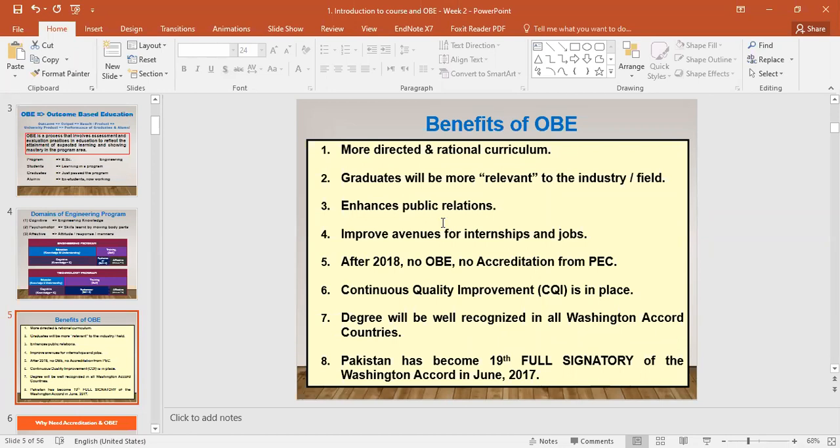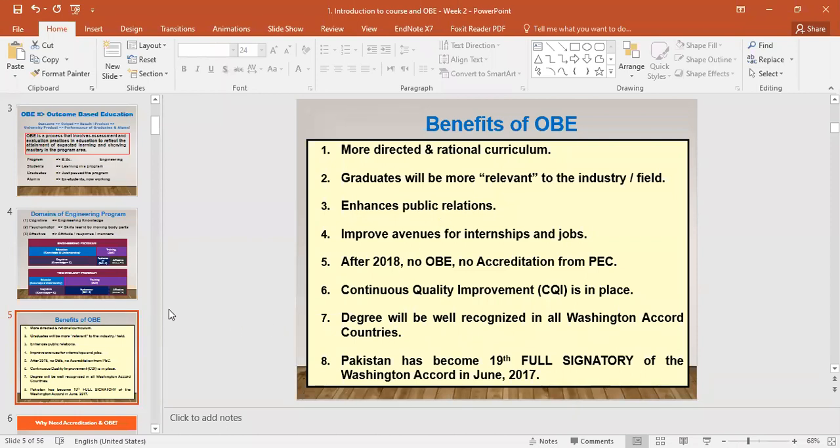It means that we have to follow some standards, and we have to cover all the contents of the course that is necessary to be taught to the students. Graduates will be more relevant to the industry field.